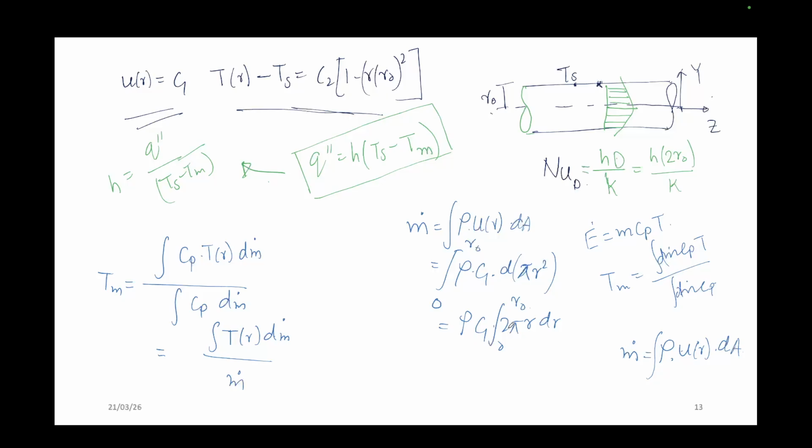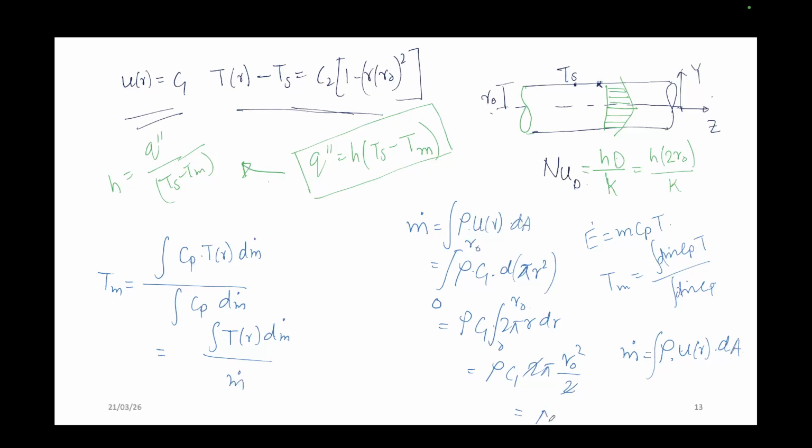Can I write? So what should be the integration? Rho C1 2 pi r square by 2. Value 0 to r naught, and ultimately I will get this thing.